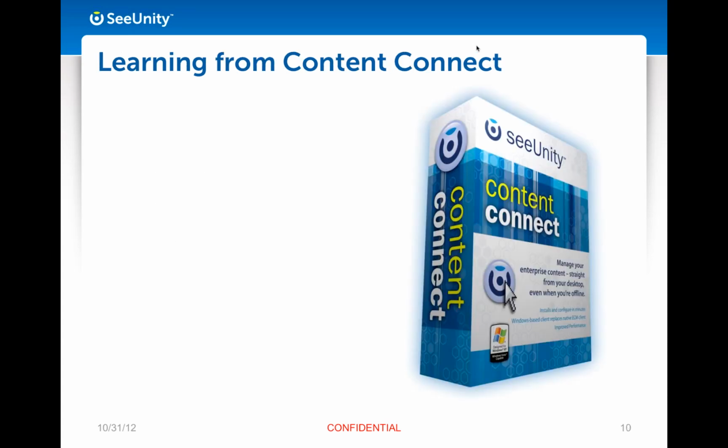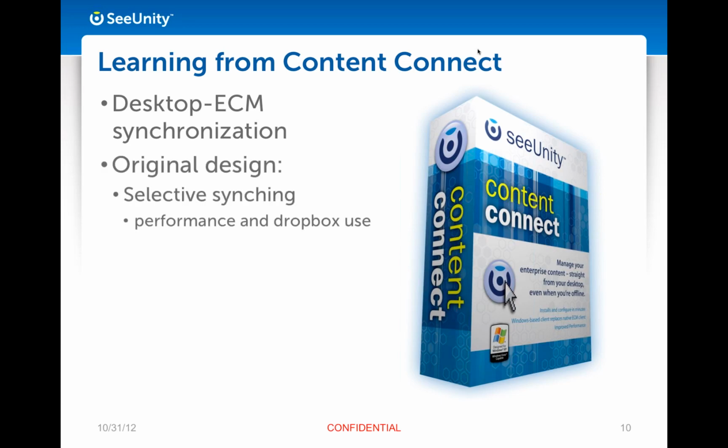And I mention laptop because SeeUnity Slices came directly from some of the lessons we learned from building a desktop application called Content Connect. What Content Connect provides is desktop to ECM synchronization. And essentially, we allow you to map objects and directories from an ECM system and mirror them over to your local desktop.